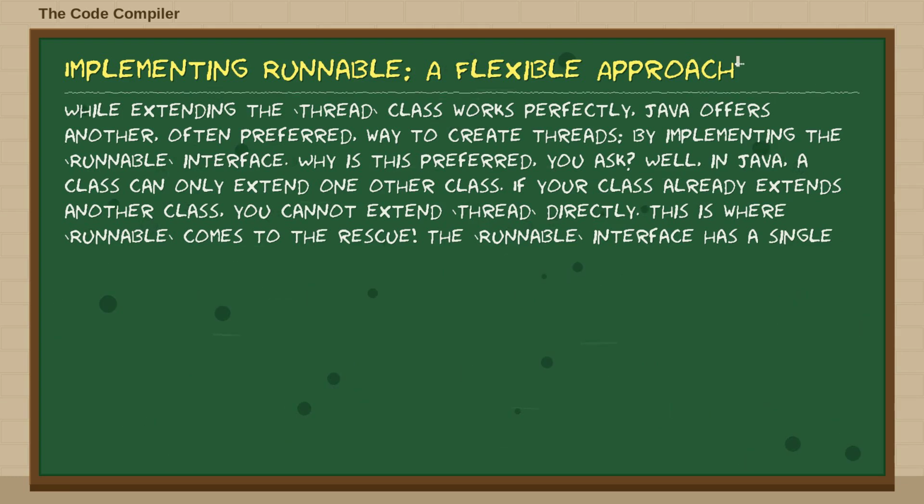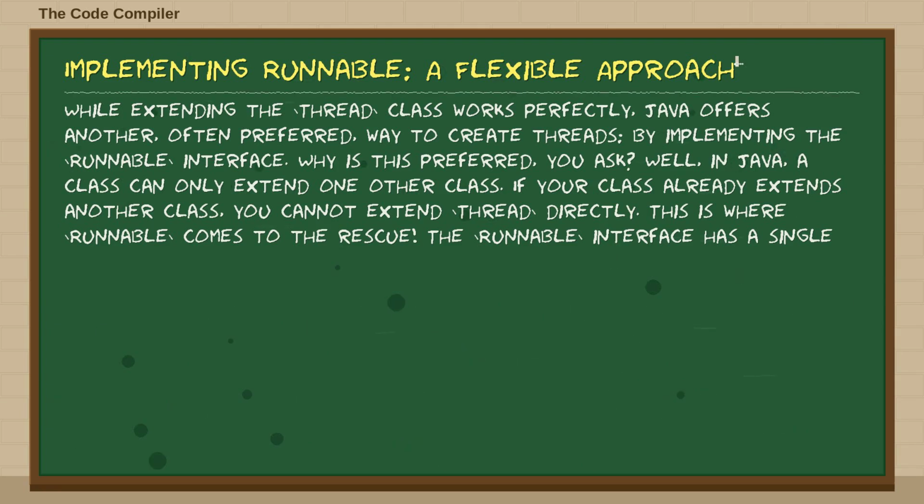The Runnable interface has a single method called run. You simply implement this run method with the code you want your thread to execute. Then, you create a Thread object, passing your Runnable implementation to its constructor.